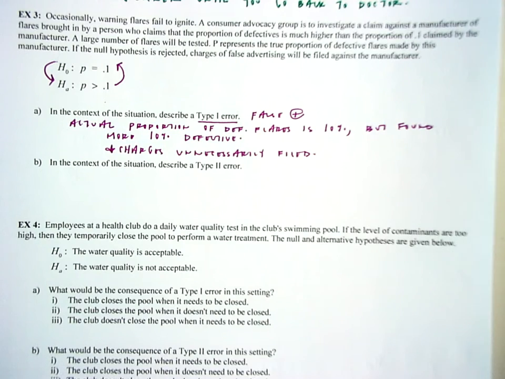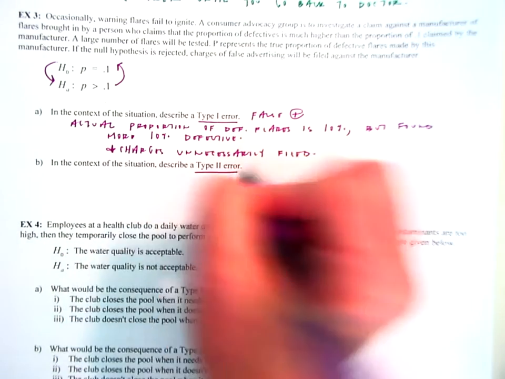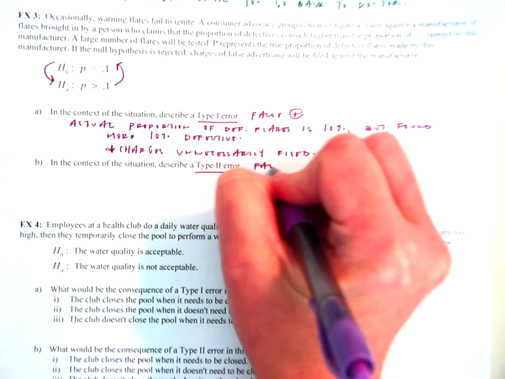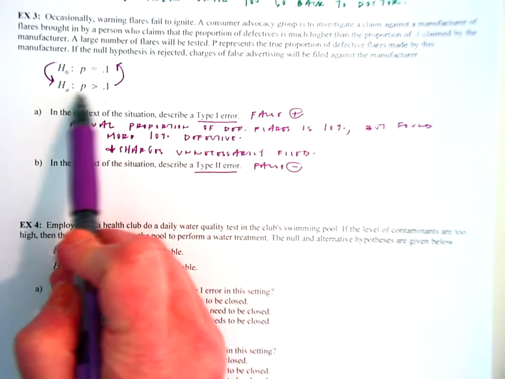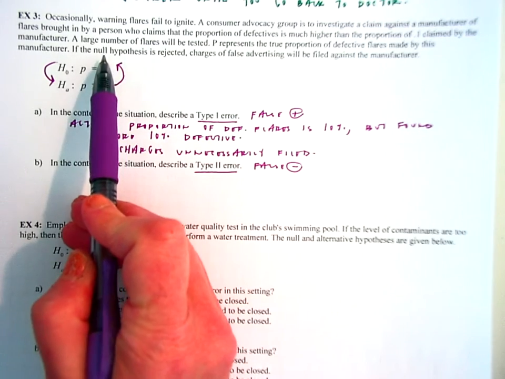What about a type 2 error? That would be your false negative. So we're saying that this is true, but this is what we found.